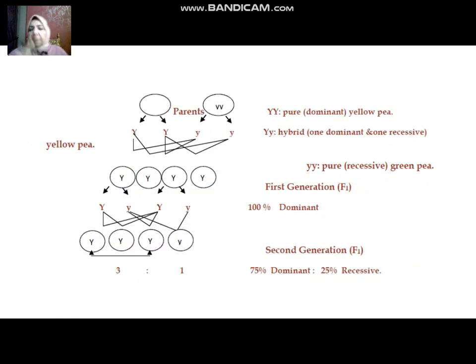We said that Mendel made his experiments on pea plants. Mendel made crossing. What is the meaning of crossing? Copulation or fertilization between two pea plants, one of them containing a pure dominant trait and the other containing a pure recessive trait.